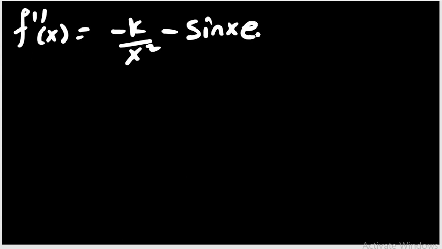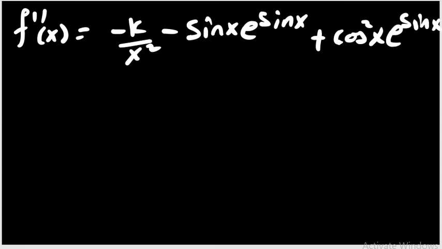F second derivative of x is equal to negative k over x square minus sine x e to the power of sine x plus cos square of x times e to the power of sine x. We were here. And now f second derivative at pi means I'm going to substitute pi.